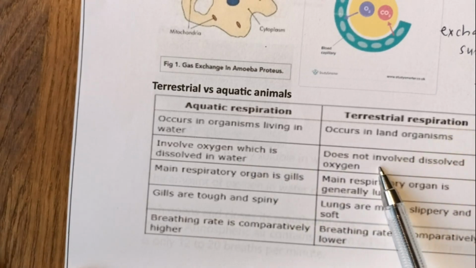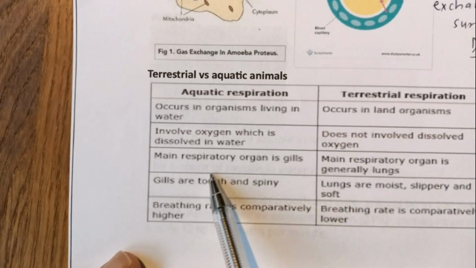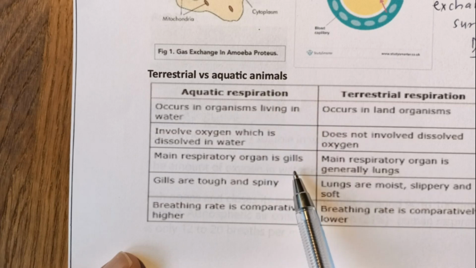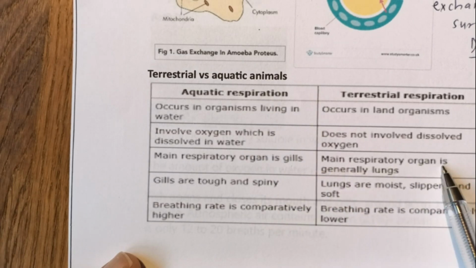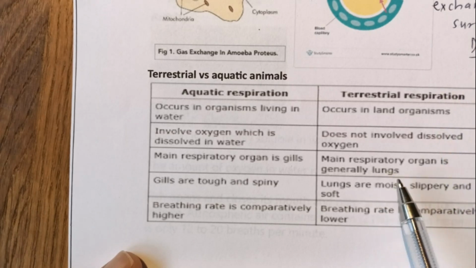Terrestrial respiration involves oxygen that is in the air, atmospheric air. The main respiratory organ in aquatic respiration is gills. The main respiratory organ in terrestrial respiration is generally lungs.